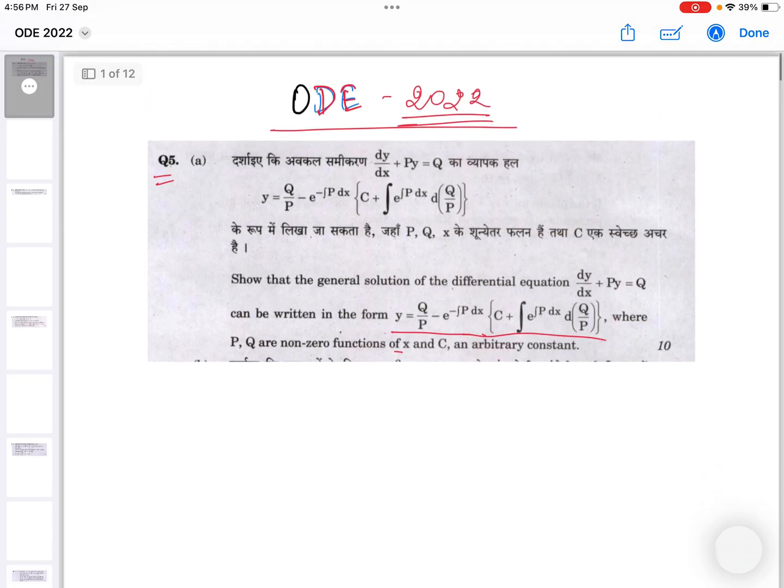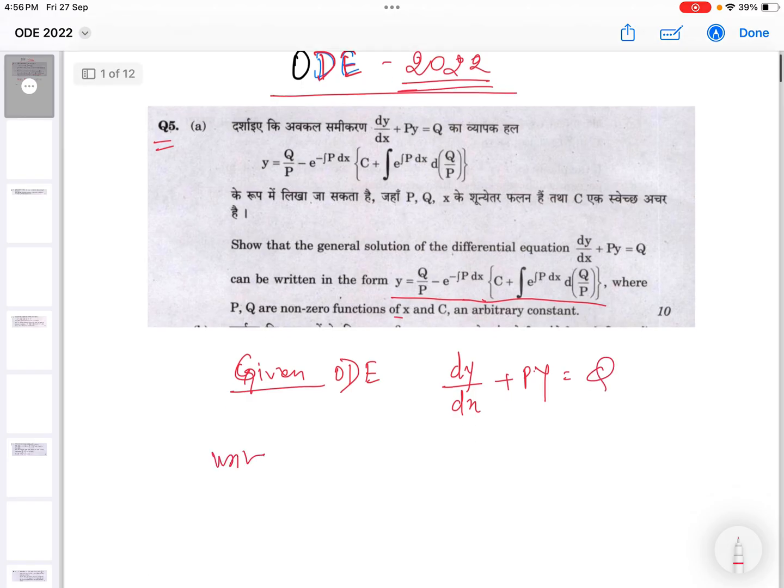So given the ODE d2y by dx2 plus P dy by dx plus Q y. Using the integrating factor approach, the integrating factor is nothing but e raised to the power integral p dx.